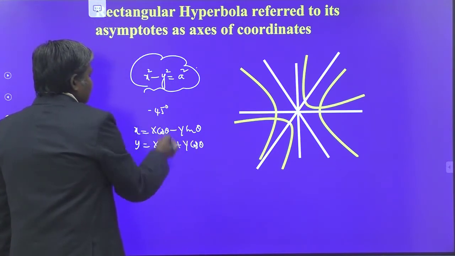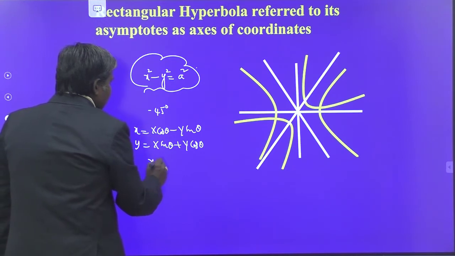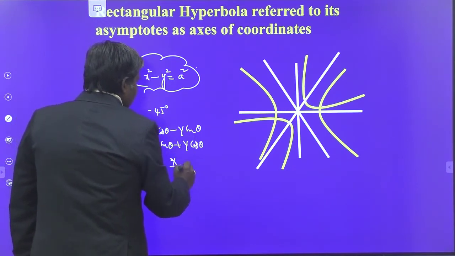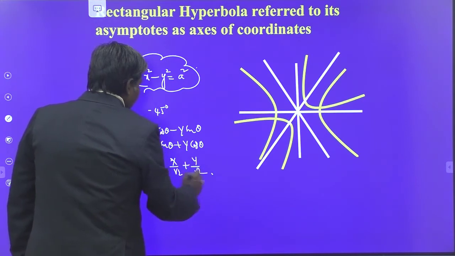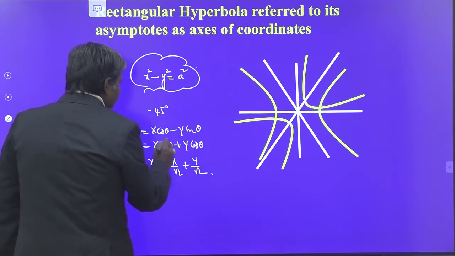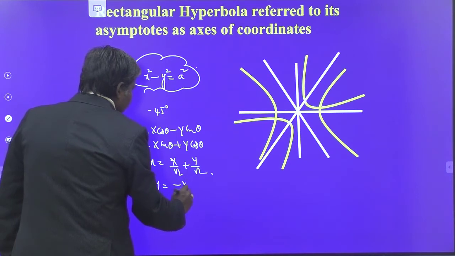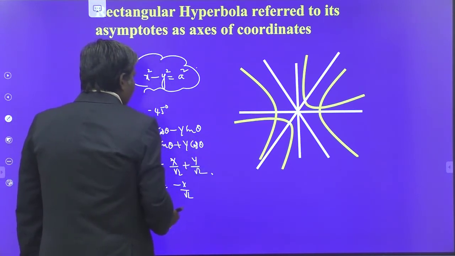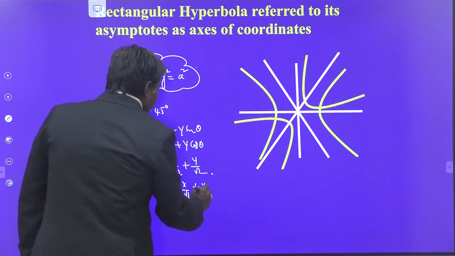So replace theta by minus 45 degrees, you have x is equal to capital X by root 2 minus of minus capital Y by root 2, and y is equal to minus X by root 2, and you have Y sin minus 45, that is 1 by root 2 plus Y by root 2.